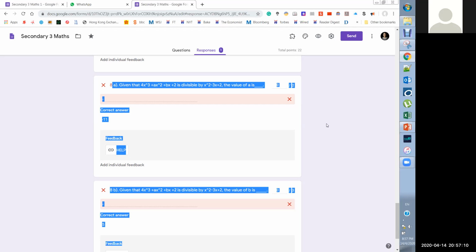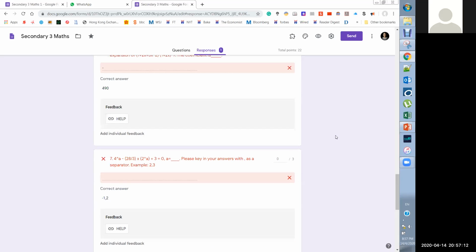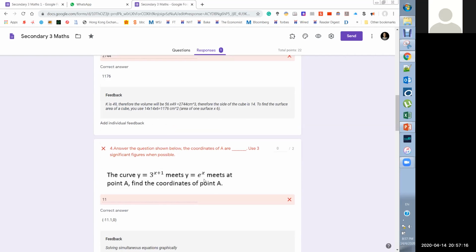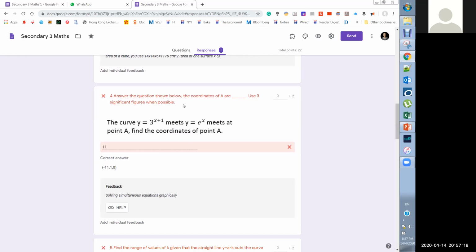Because you know, 10-year series questions are not so straightforward. So this question, are you looking at question 4? This question is indices and graph and simultaneous and logarithm. So this question covers 4 chapters.